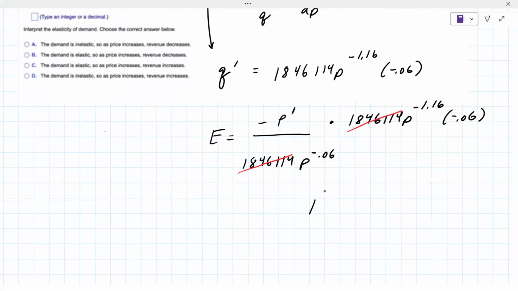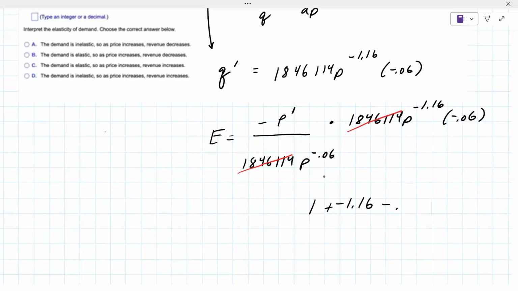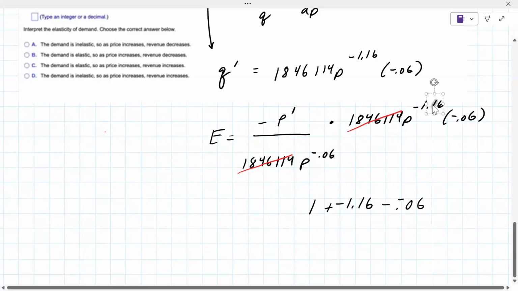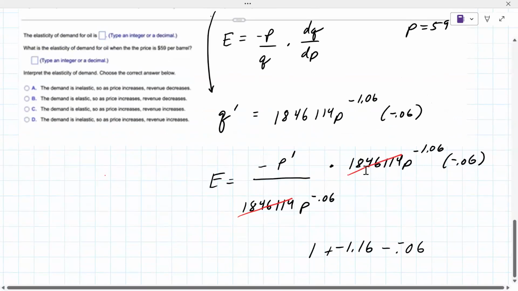So it's 1 plus minus 1.16. But then you subtract the bottom exponents, you subtract negative 0.06. Sorry, I have the wrong exponent here. I'm so sorry, I'm being very sloppy today. It's 0.06. I'm just not adding well.